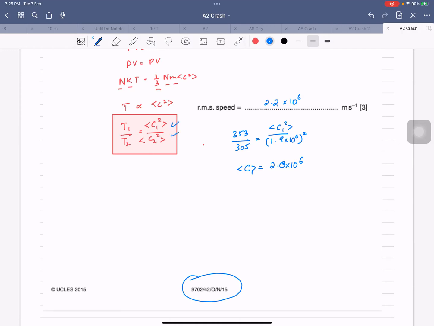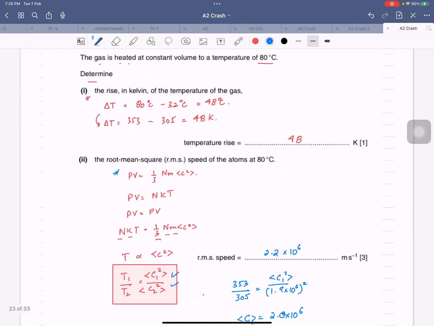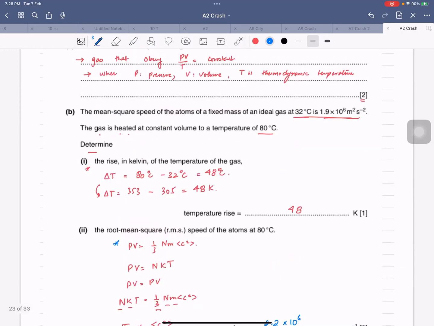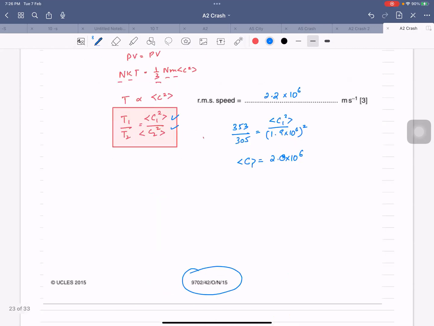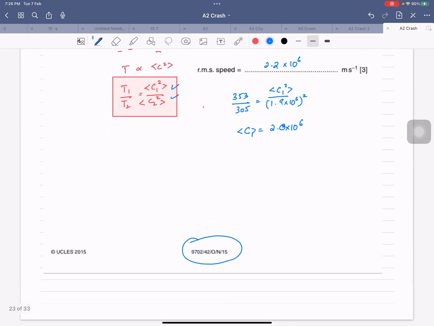But was it already RMS? No, it was mean square, it was already C squared. Why would that be? That's not fair with us. When I don't put the square, I get 1480.